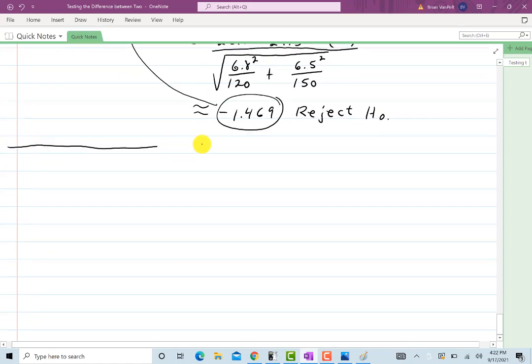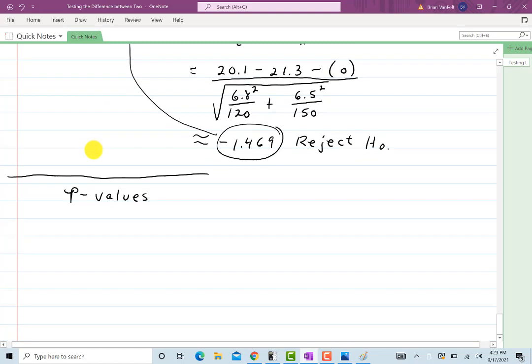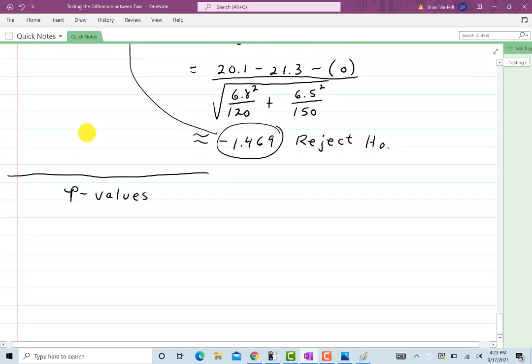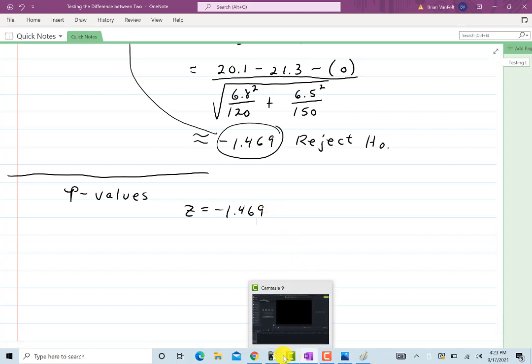Now let me reproduce this with p-values. And so, as before, you start with the z statistic. So z was equal to negative 1.469. And now I'm interested in finding out how much area goes from negative infinity up to that point. So what you want is the cumulative distribution function. So let's go ahead and grab our calculator.